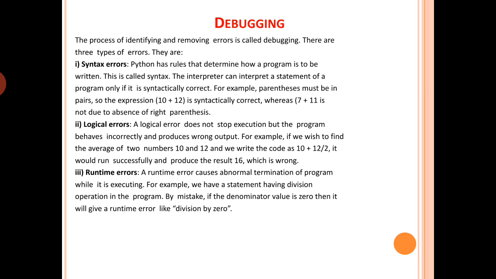A runtime error is when the statement is correct syntactically but the interpreter cannot execute it. For example, we have a statement having a division operation in the program. By mistake, if the denominator value is 0, then it will give a runtime error like division by 0.